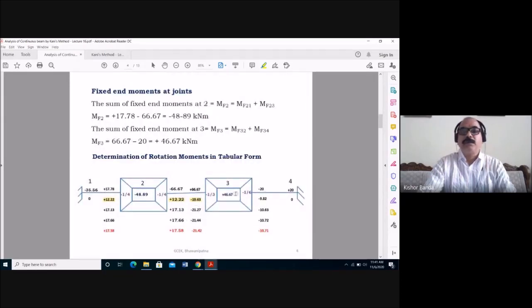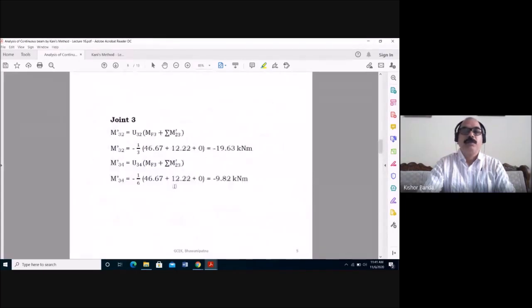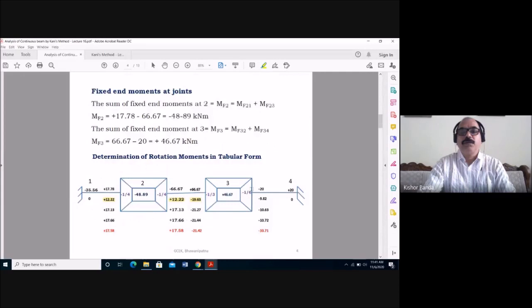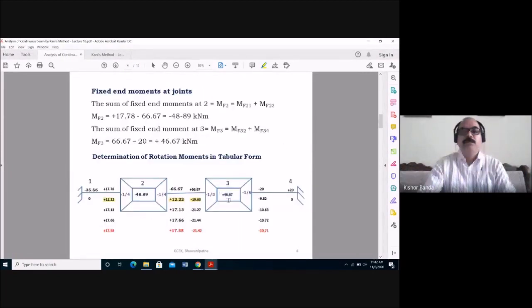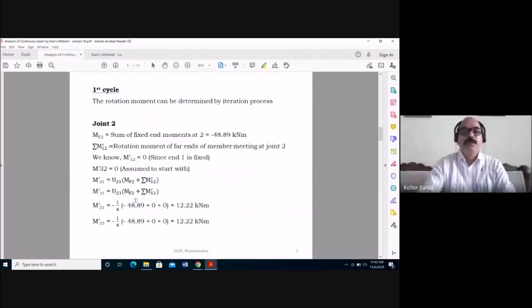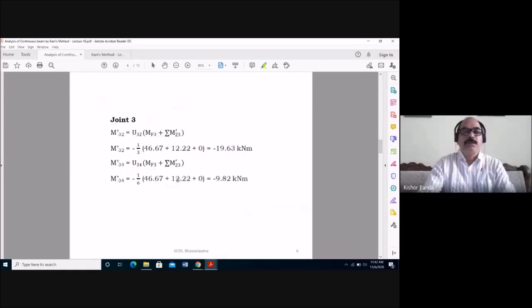Similarly, you have to find out m dash 34. So m dash 34 is equal to u34 into mf3 plus summation of m dash 23. So you know u34, the rotation factor, is minus 1 by 6, and you know mf3 also, 46.67, plus you have to take the far end rotation moment.